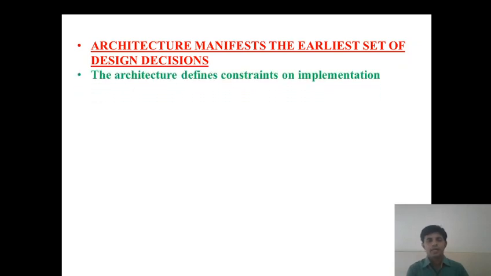The architecture defines constraints on implementation, and the architecture dictates the organizational structure. Nothing but the total overall architecture of the project you can view in the software architecture.